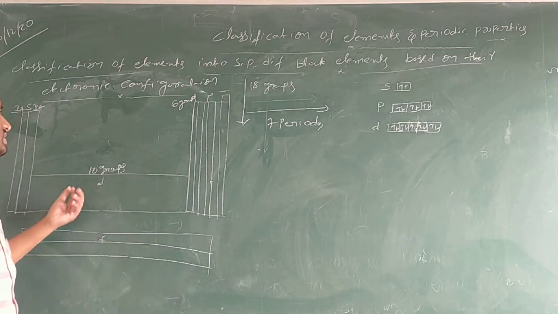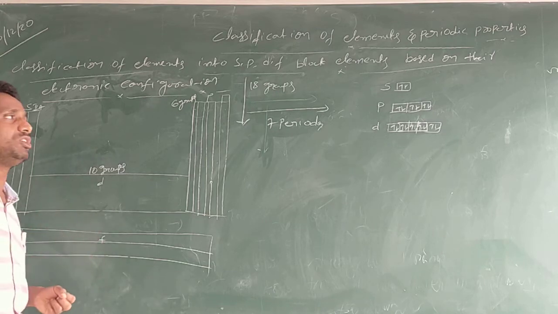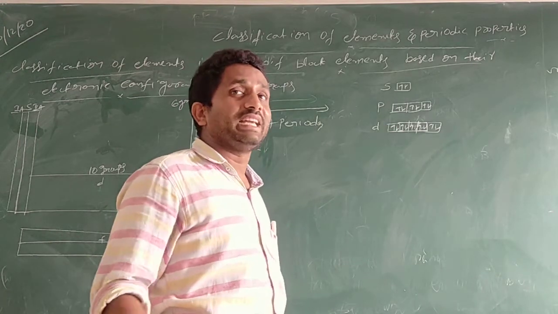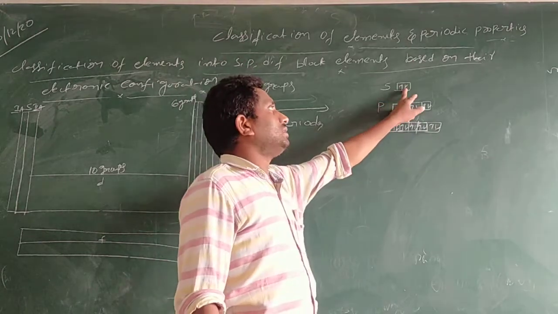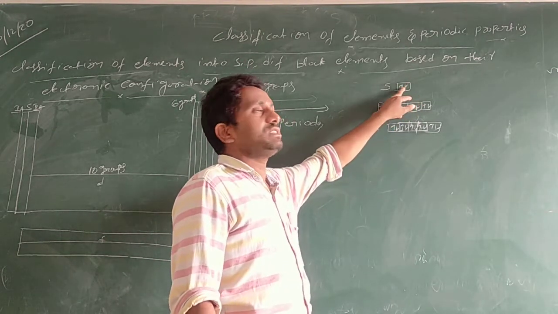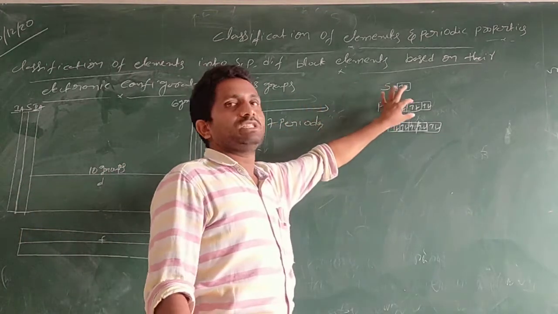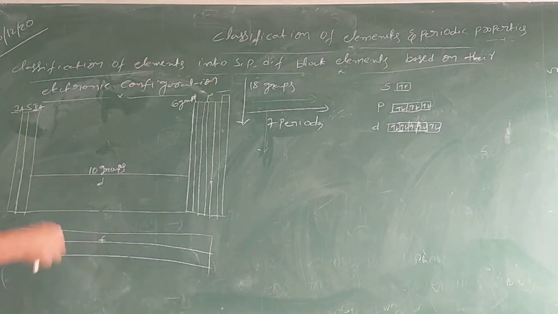So D block consists of 10 groups. These groups are divided based on the electronic configuration, the number of electrons present in their orbitals. So S block consists of 2 groups, P block consists of 6 groups, and D block consists of 10 groups. First A and second A groups belong to S block elements.